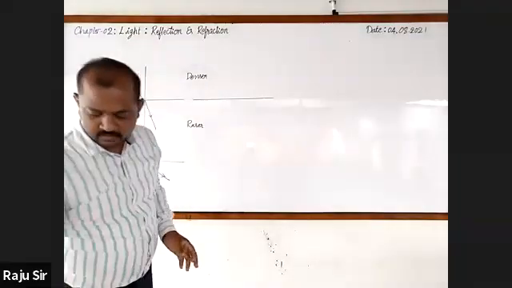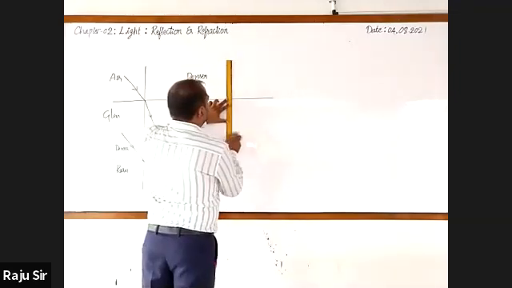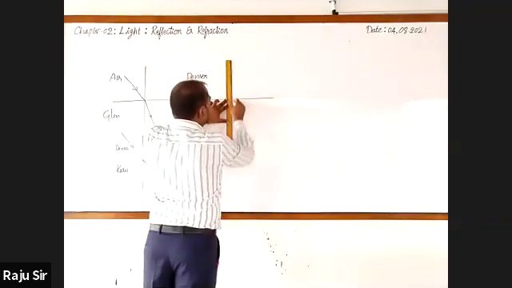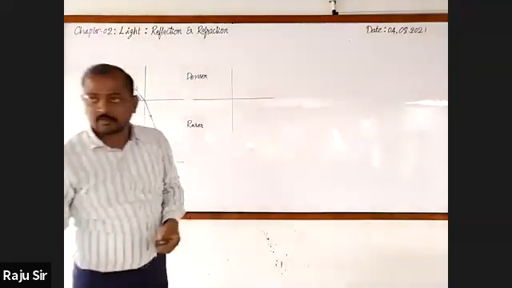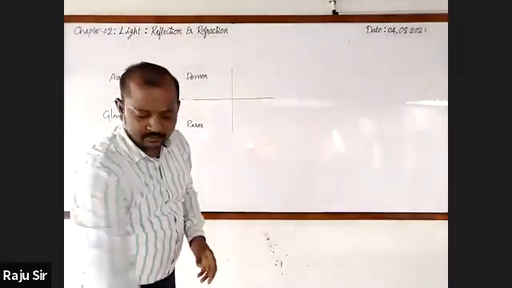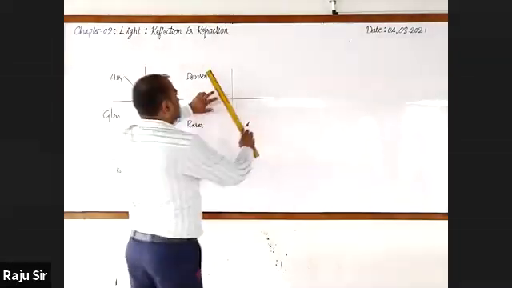Then I draw one ray which is normal. Next, let me take a light ray.